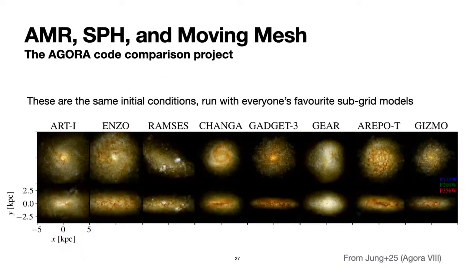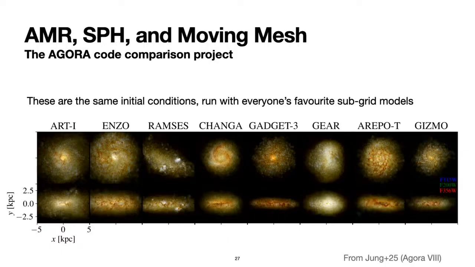So here's a comparison of a galaxy which is formed using methods for cooling, for star formation, and for feedback. And not the same methods, just using everyone's favorite subgrid methods in whatever code people are using, or from whatever cosmological simulation project they are using. And you can already see that the morphology of the galaxy, which started from the same initial conditions, is quite different with different codes.